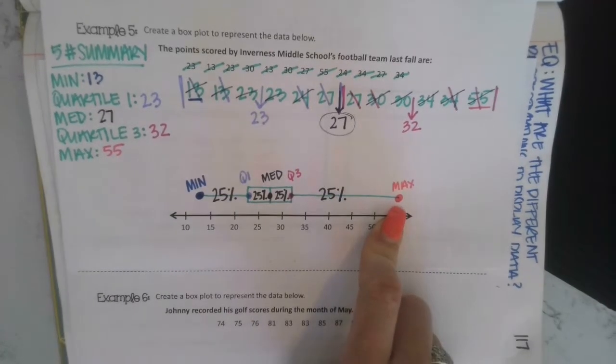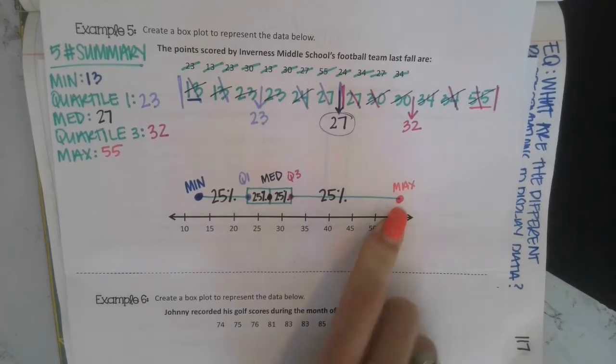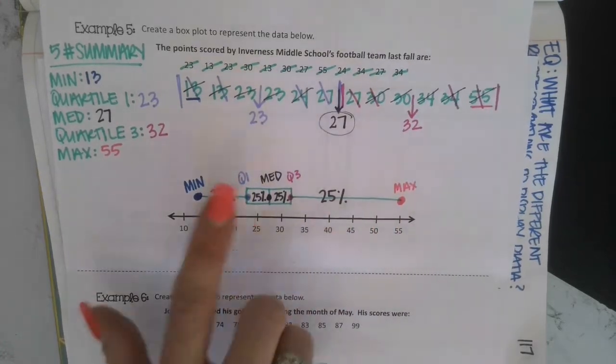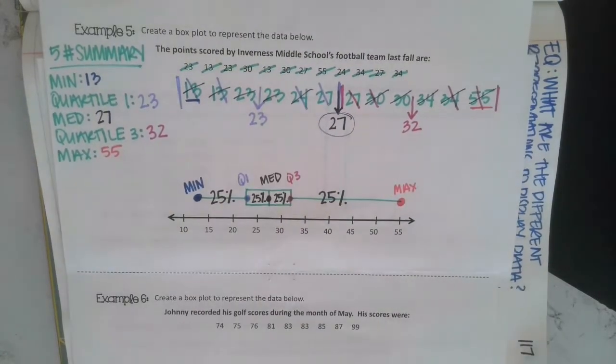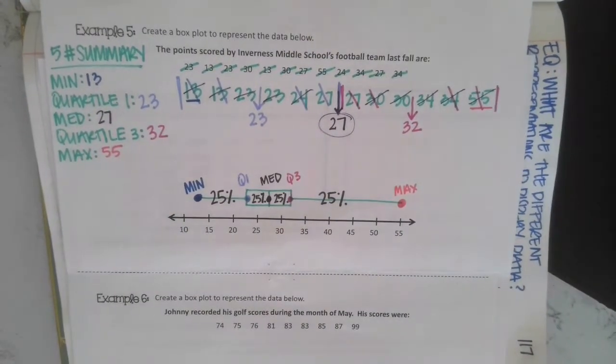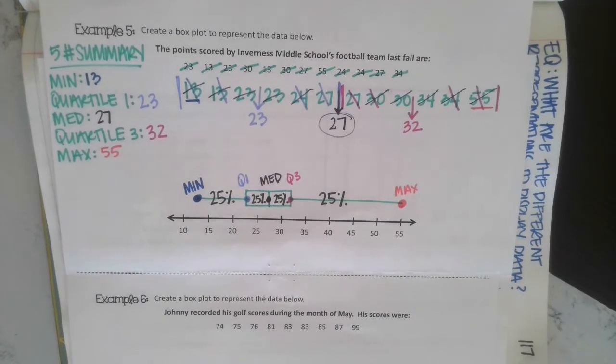We actually have the same amount of data points between quartile 3 and maximum as we do between the median and the quartile 3. The difference is that between the quartile 3 and the maximum, the data is a lot more spread out. So the length of the box and the length of the whiskers don't necessarily have anything to do with the number of data points in that section. It has to do with how spread out the data is in that section.